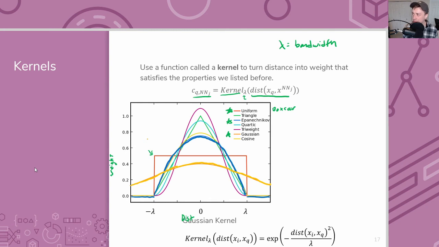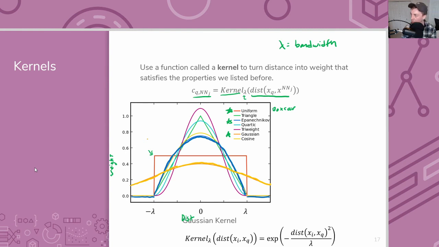Now, this seems really complex, but I want to highlight the fundamental idea is very, very simple. Make a function that takes distance and assigns large values to small distances and small values to large distances. The way you actually write that function has many different ways. There are lots of functions whose output is large when the input is small and vice versa. And here we're just showing you some of them. We call these functions kernels.